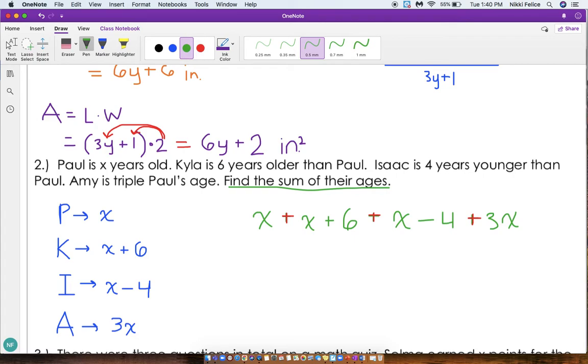Now we can start combining. X plus another X plus 3X. Well, X plus X is 2X. 2X plus another 3X would bring us to 5X. Now I have a plus 6 minus 4. 6 minus 4 is 2.